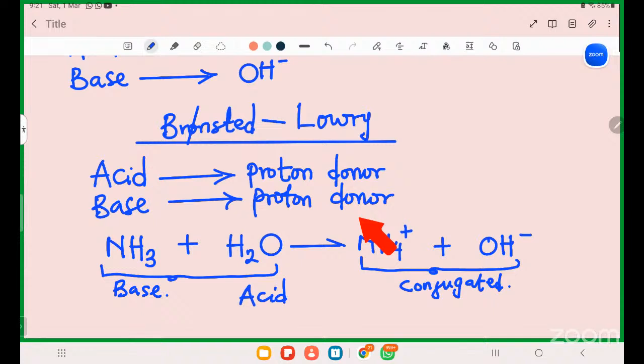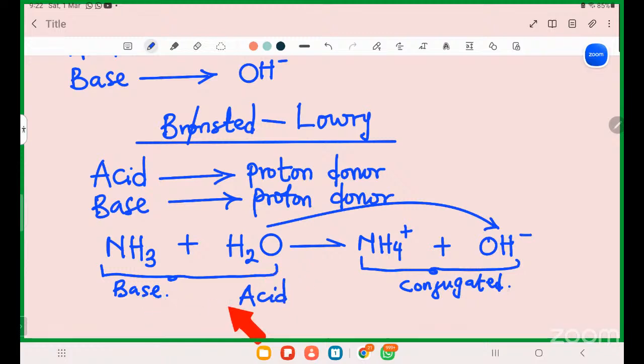Okay? So now, an acid will always give us the conjugate base. So the OH minus here is the conjugate base, formed from an acid.